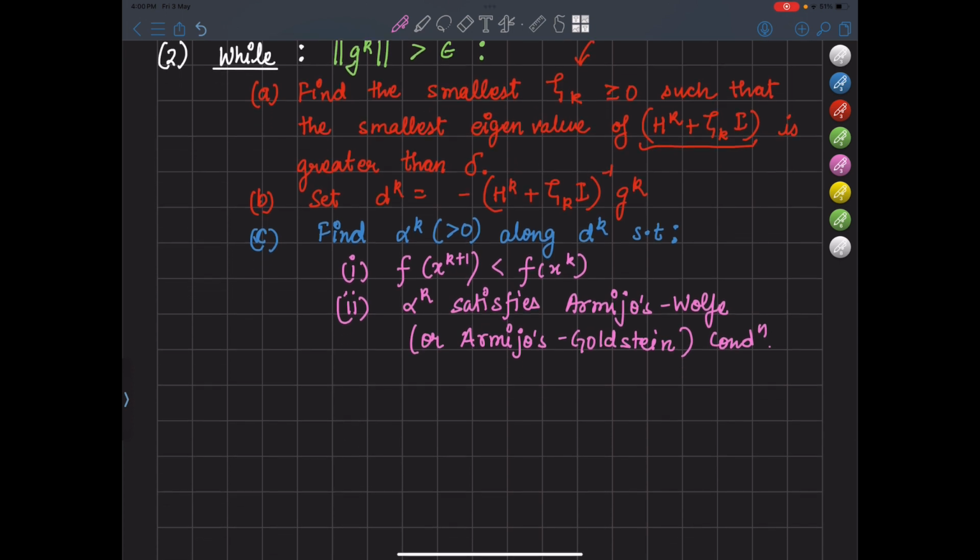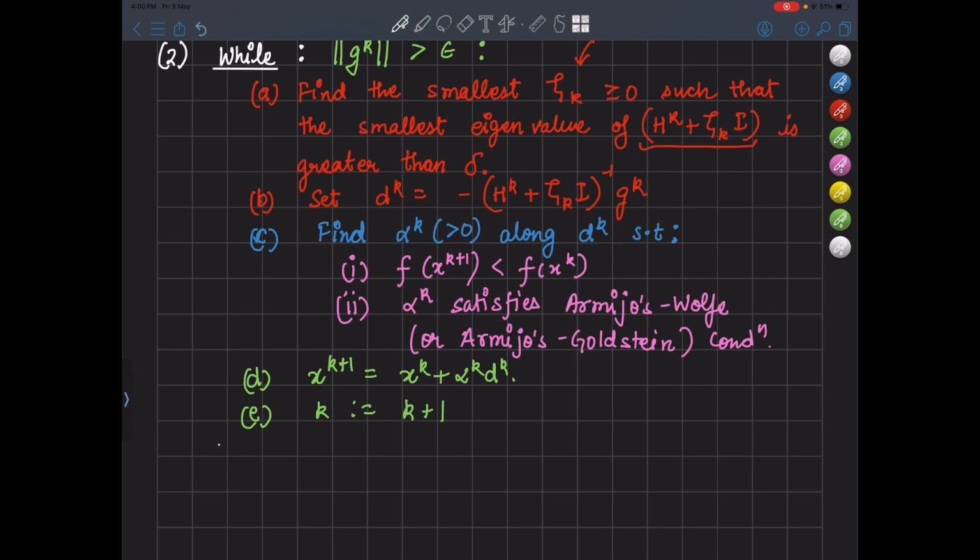Now you just do the update step, that is xk plus 1 equal to xk plus alpha k dk, and update the iterate to k plus 1.